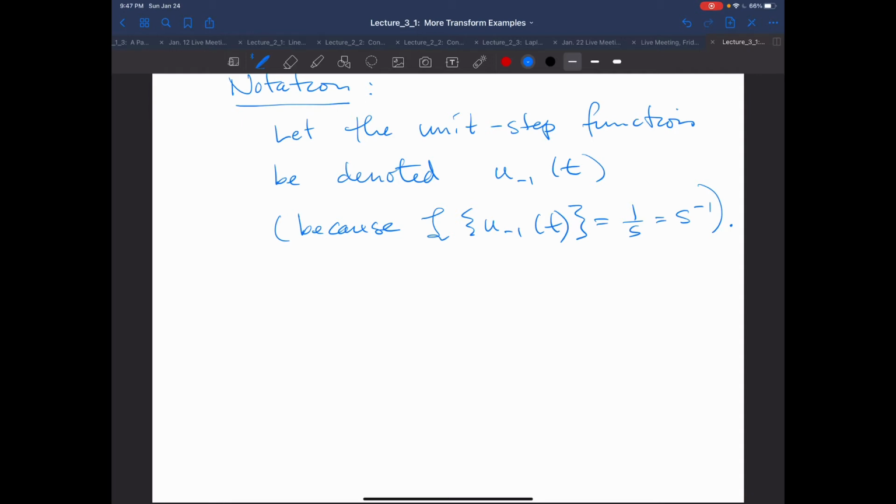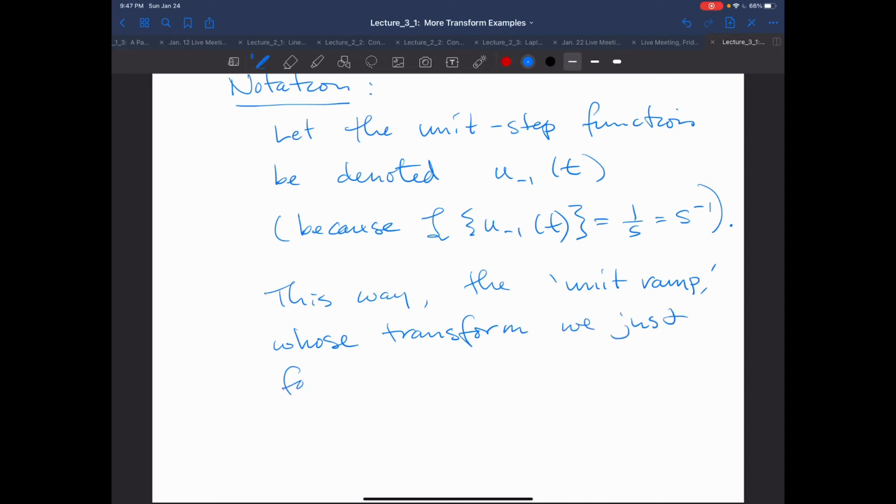It's just handy to bring in a special notation for the unit step. That's partly because it's an important function in engineering. It's an important sort of test signal that we often use as an input to systems. But it's also useful to us right now because we're going to be talking about one-sided functions. So this is handy notation for representing one-sided functions. So for instance, the unit ramp, whose transform we just calculated, can be denoted as follows.